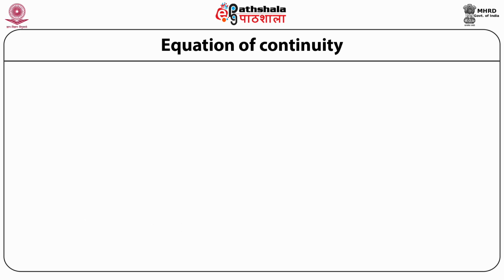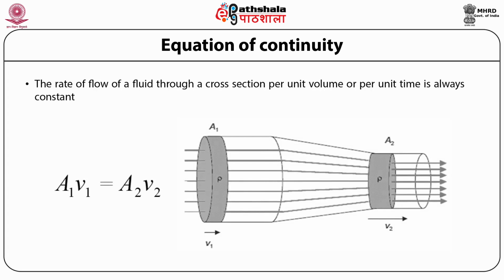Another important concept in fluid dynamics is the equation of continuity. It says that the rate of flow of a fluid through a cross section per unit time is always constant. For example, in this picture you have a container through which the fluid is flowing. At one end the cross sectional area is A1, and at the other end, which is narrower, the cross sectional area is A2.